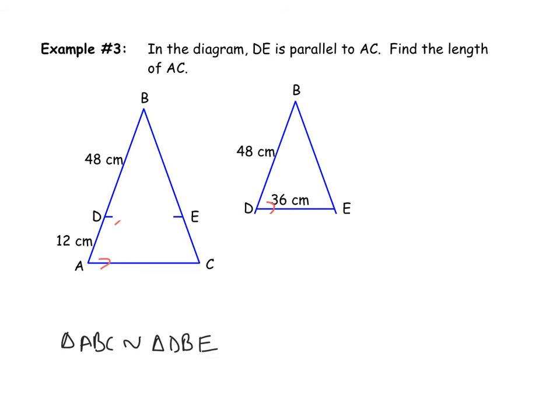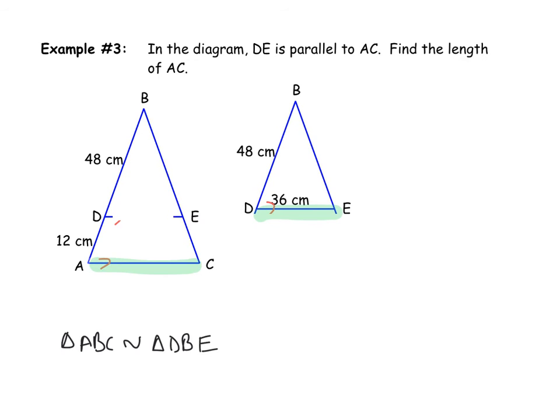All right, so what am I trying to find here? Well, I'm trying to find side AC. That's this guy right here. There's side AC, and both AC and DE are opposite angle B, so those are my corresponding sides.